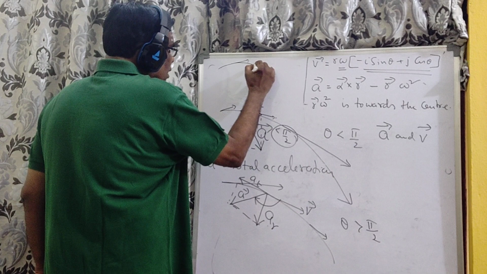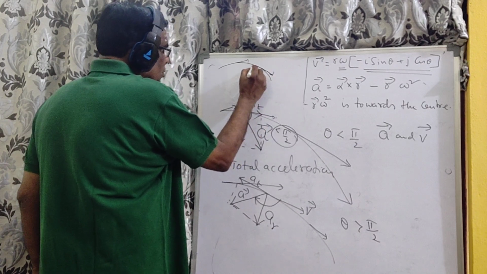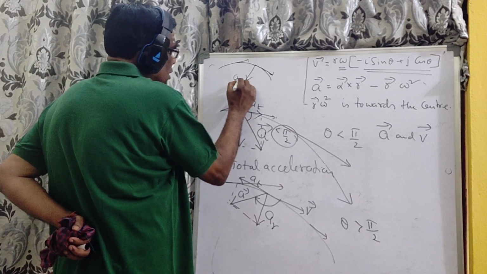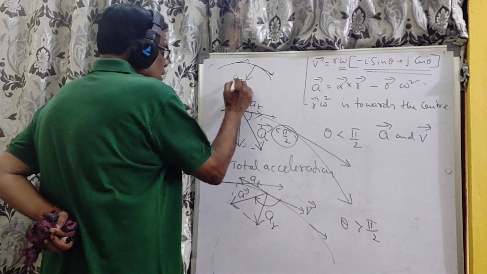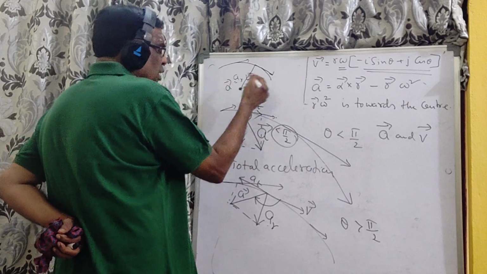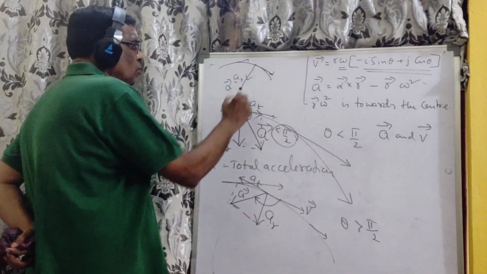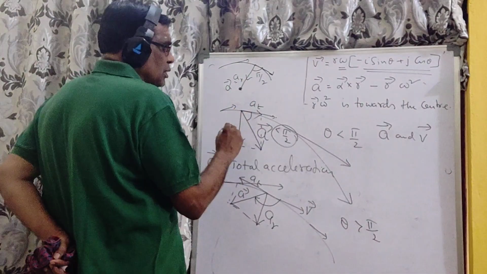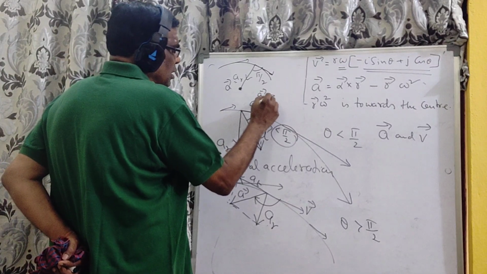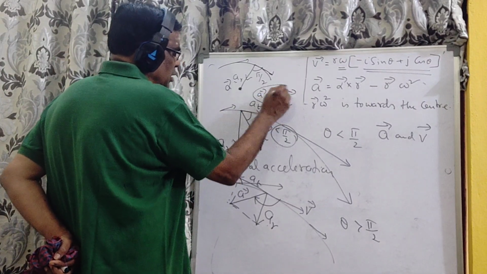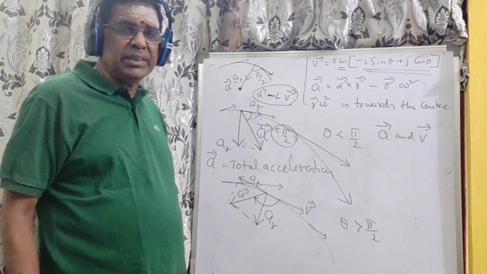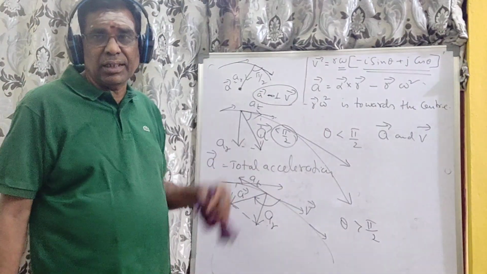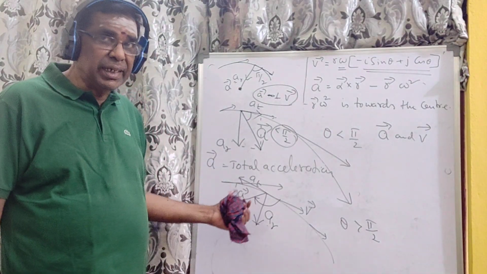The magnitude does not increase. Therefore, AR is like this. This itself is A bar because AT is 0. What is the angle between them? Pi by 2. If A bar is perpendicular to V bar, then it is a uniform circular motion. Total acceleration I am referring to. So you should understand this.